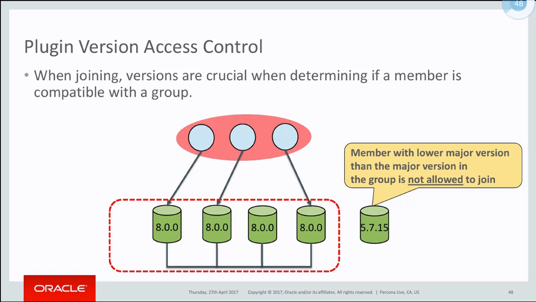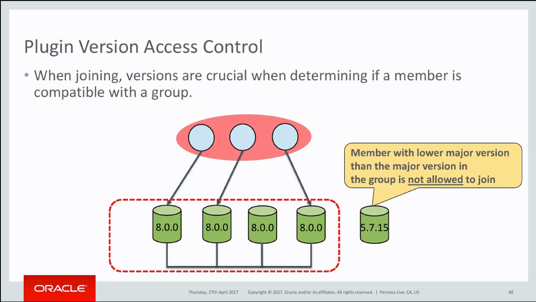But if you have an 8.0 group, which you can make now since 2 weeks ago, and you want to add a 5.7 member, it will not be allowed. Why? Because that member may not be able to understand the messages from the 8.0. Actually, our protocol does support that. 5.7 knows how to talk to 8.0 on group replication.